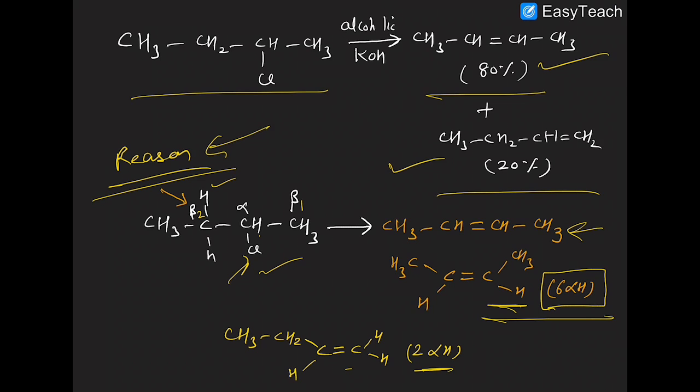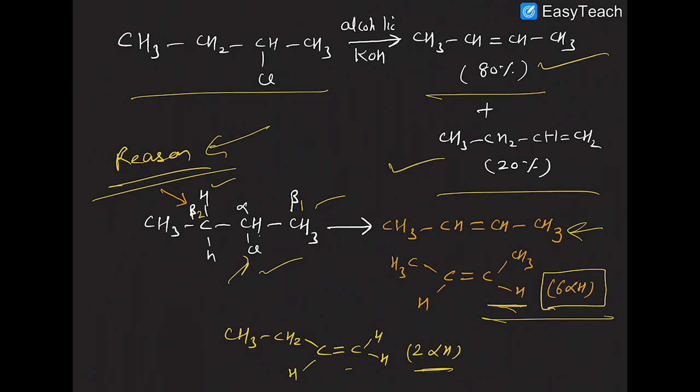But if hydrogen is removed from beta 1, then you have only 2 alpha hydrogens present in the alkene. So hyperconjugation is more in the case of 2-butene and very much less in the case of 1-butene.